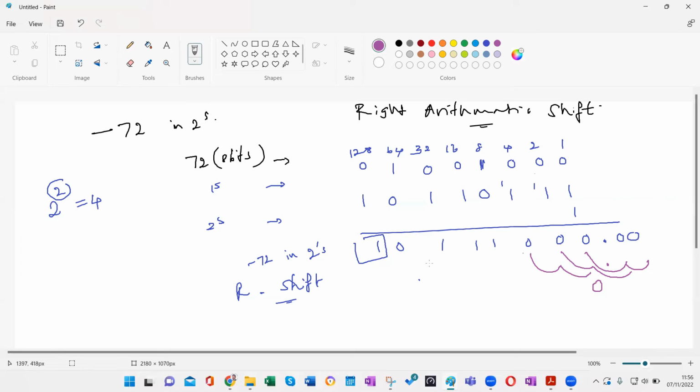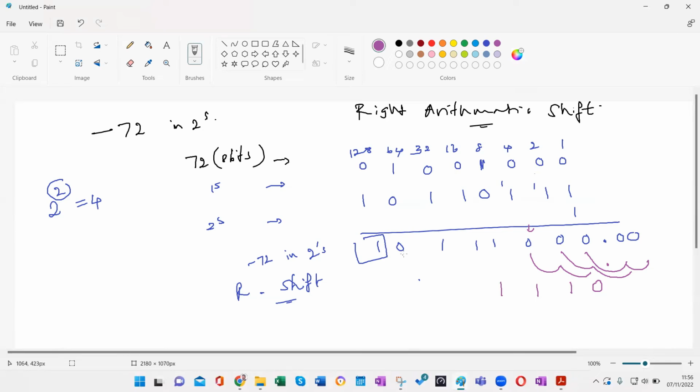Okay, now let's fill the pattern. After this particular 0, we have 3 ones, so 1, 1, 1, and after 3 ones we have a 0, this 0.